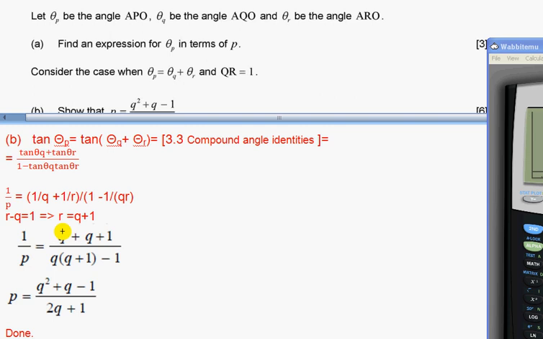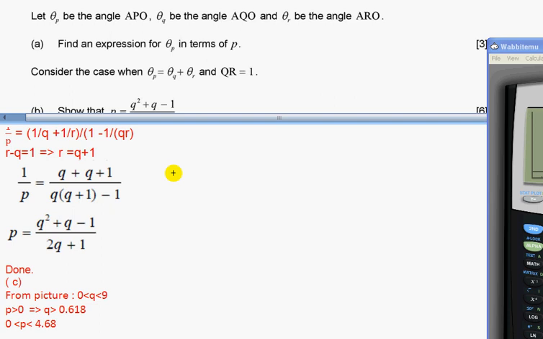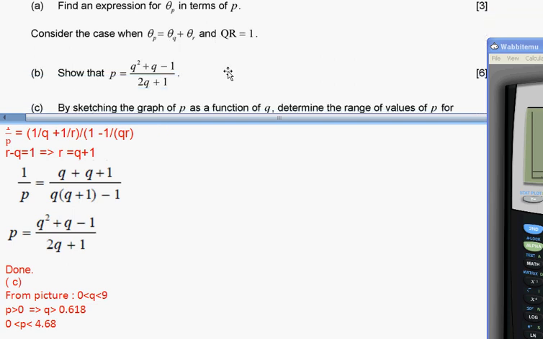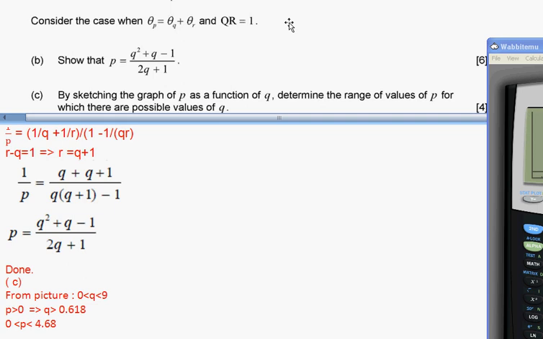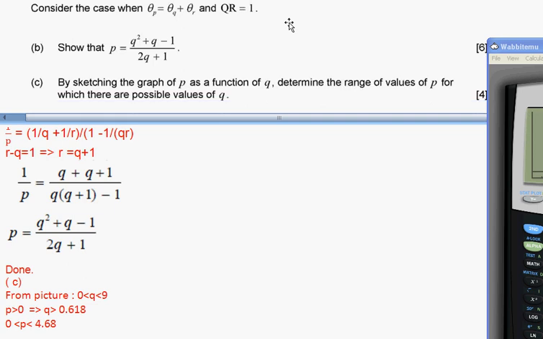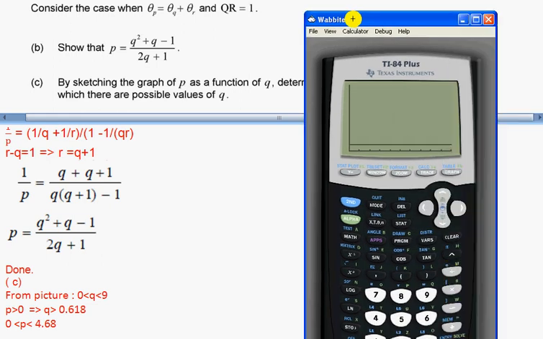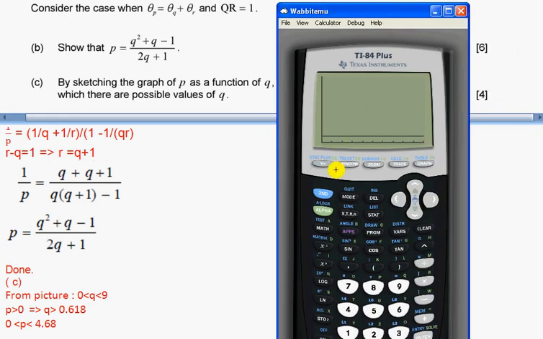Right, so clear, function Y equals, oops, what is going on?